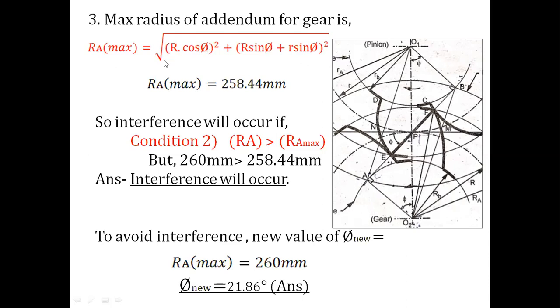So the formula becomes: under root of (R cos phi) square plus (capital R sin phi plus small r sin phi) square. We already have the values of capital R, phi and small r.